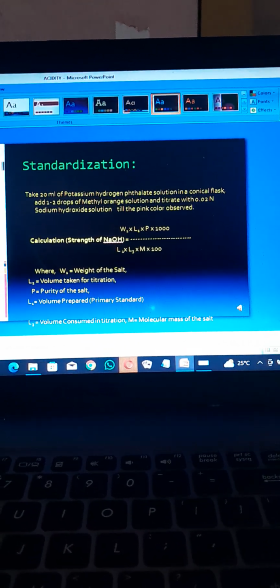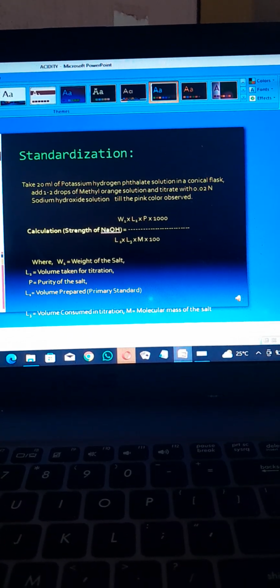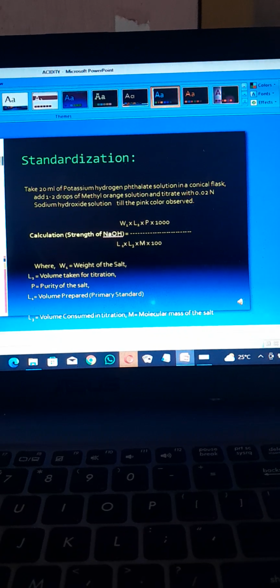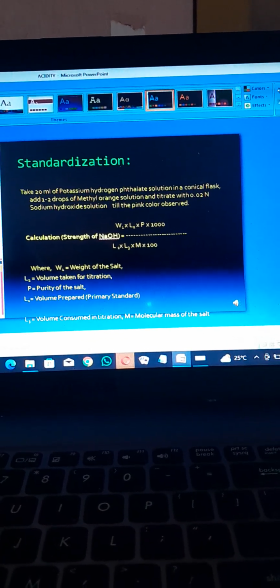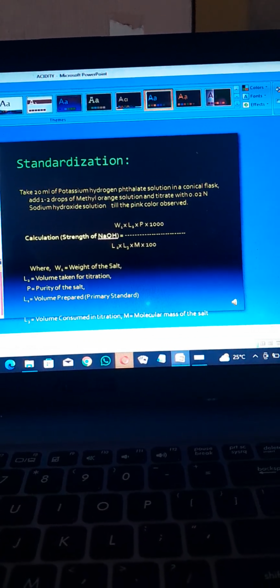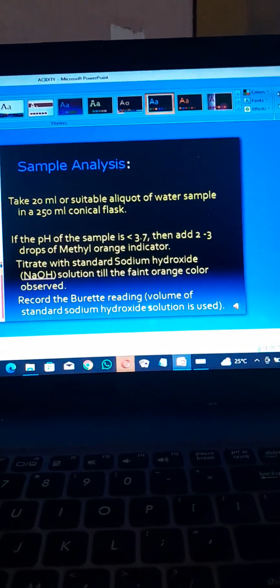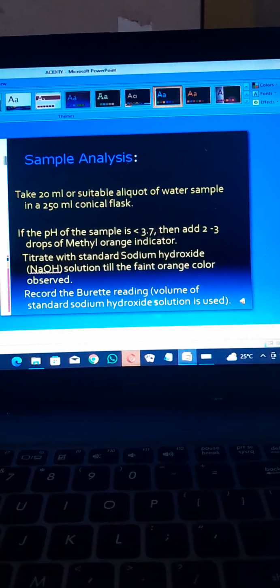We put the accurate values in this calculation, and we will know exactly whether our sodium hydroxide is 0.02 N or not.